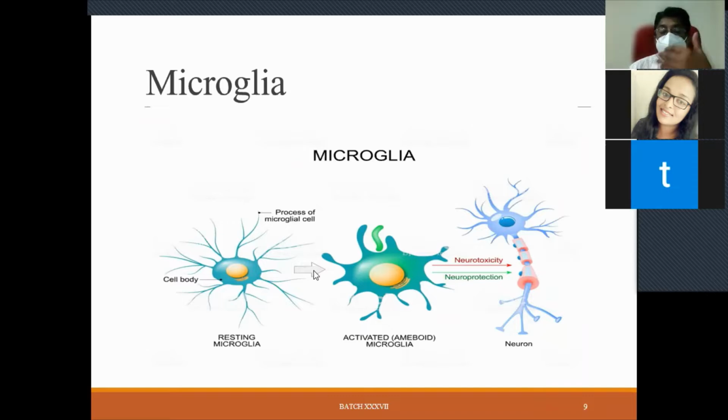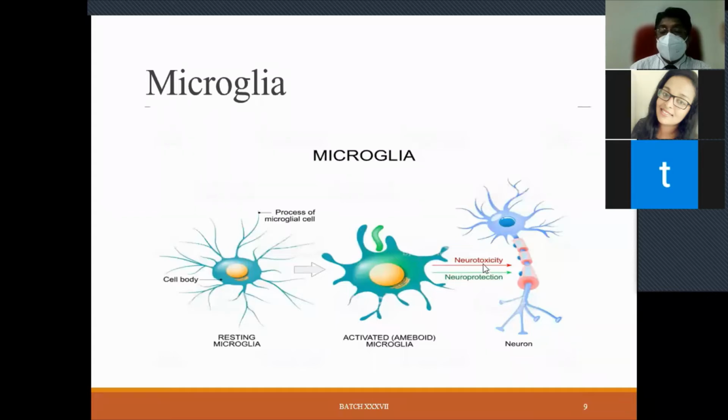And when there is a microorganism, it activates the microglia, and you can see that the size becomes bigger, and then it attacks the microorganism, and the microorganism is phagocytosed, that is, it is engulfed and destroyed, right?